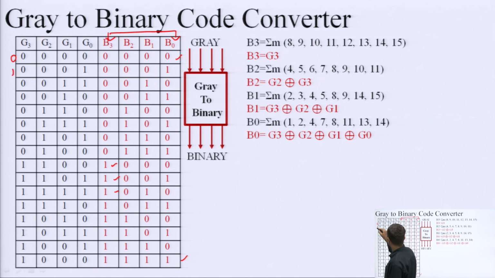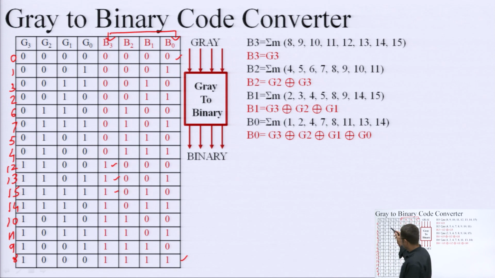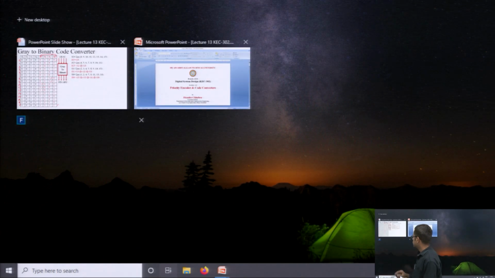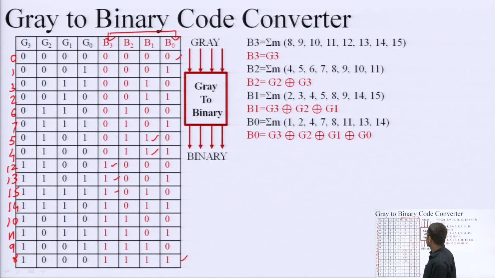So, 0 0 0 1 is 1, then this is 3, then this is 2, then 6, then 7, 5 and 4, this one is 12, this is 13, 15, 14 and this one is 10, 11, 9 and 8. So, this is a random sequence of the inputs. Whenever we are looking at the high terms on the output side, we need to refer to this arrangement instead of the usual one.